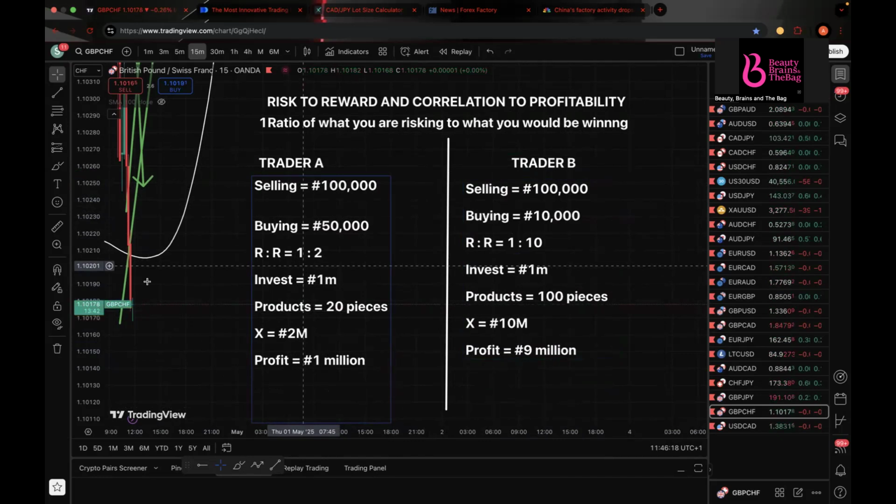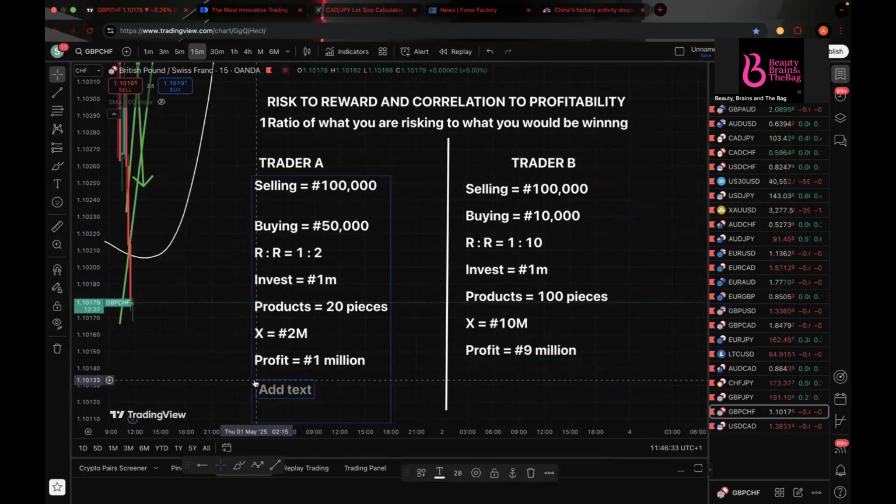So let's now see, in the whole process of delivering the goods, let's say there was an unexpected loss. In business, products can be damaged and everything. Let's say there was an unexpected cost of like 800,000 naira.